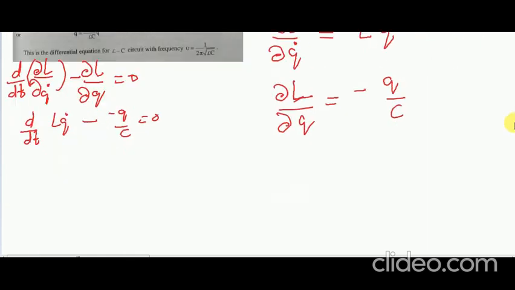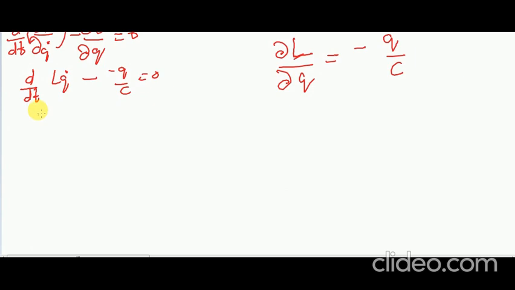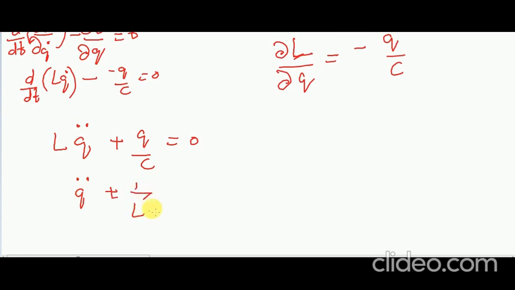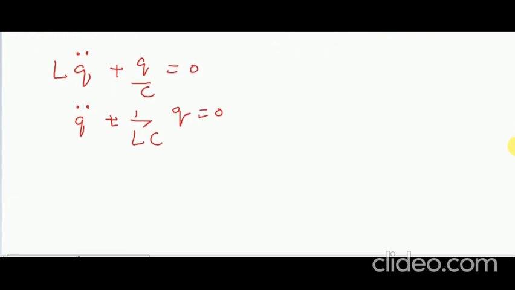And this gives, again differentiating because d by dt is there, L Q double dot plus Q divided by C equal to 0. Rearranging, Q double dot plus 1 divided by LC Q equal to 0. So this is the differential equation for an LC circuit oscillator.